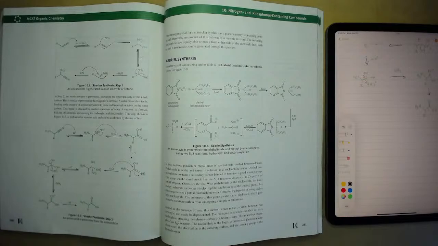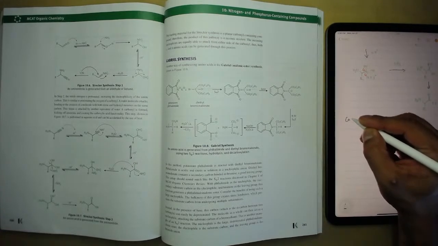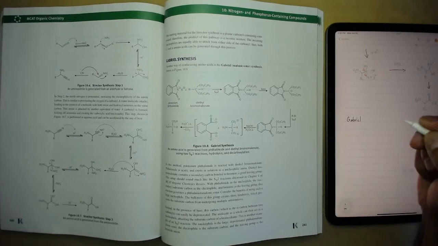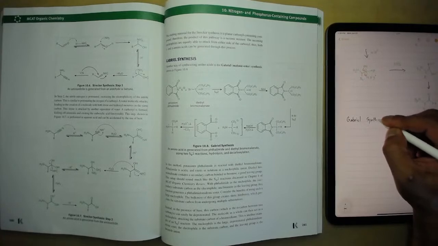Gabriel synthesis. Another way of synthesizing amino acids is the Gabriel or malonic ester synthesis, shown in 10.8.